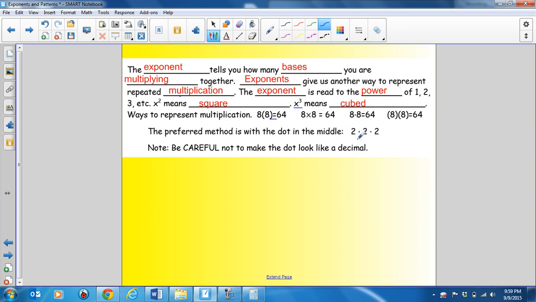If you write a problem like this, just be sure that you are writing it to look like multiplication, and that you're not making it look like 2.2. You must be very careful because these mean 2 totally different things. Pause the video here if you're still filling out your notes.